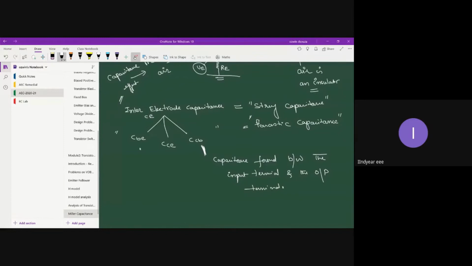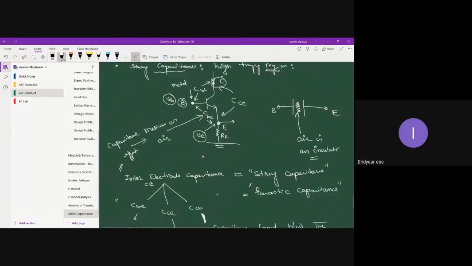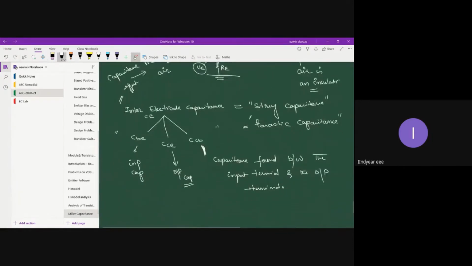See, this is your input capacitance, base to emitter, and collector to emitter is kind of output capacitance. But collector to base capacitance is the capacitance measured between the input base terminal and the output collector terminal, and that capacitance is the largest in comparison with the other two.